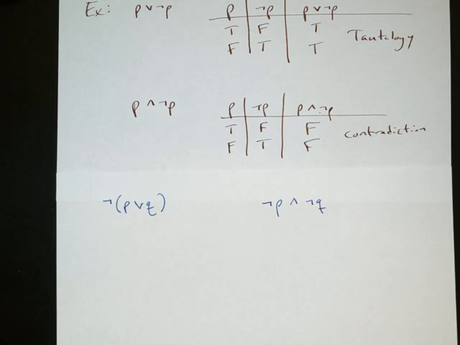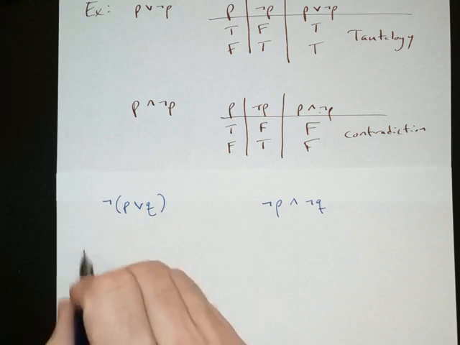So, the first thing I said was that two compound propositions are equivalent if they give me the same truth table. There's another way to think of this. Here's another definition.